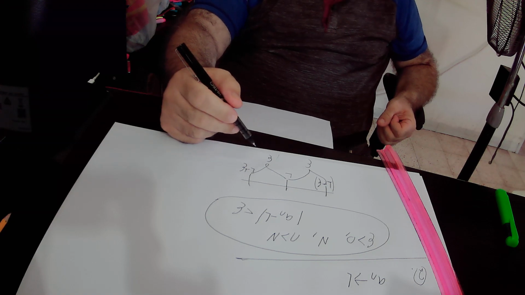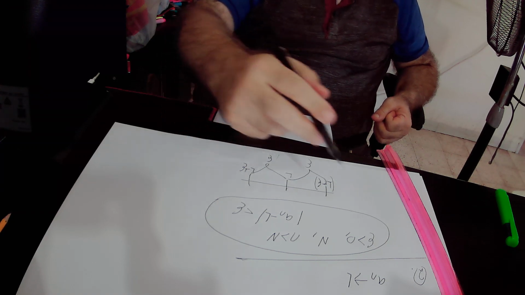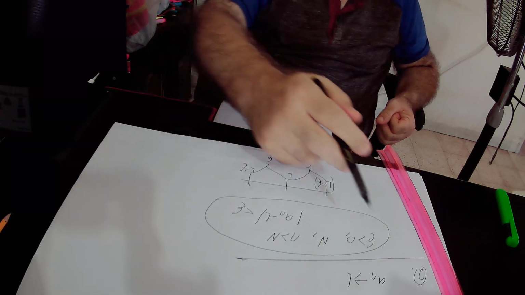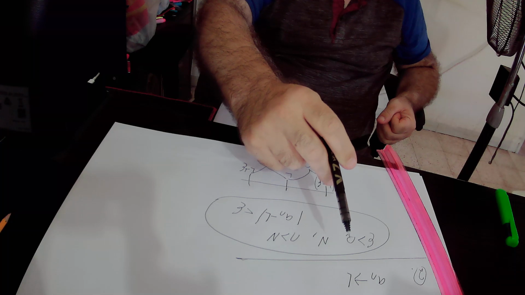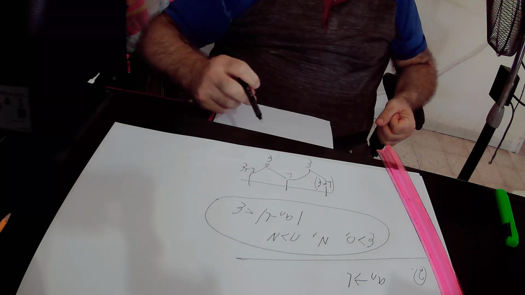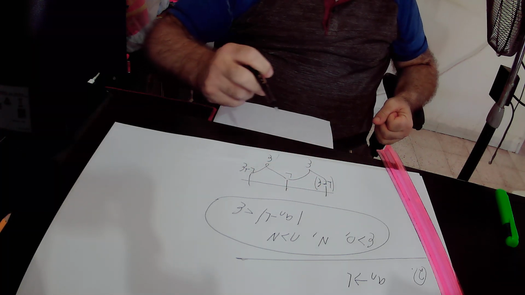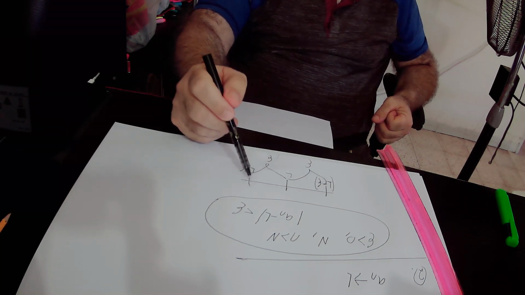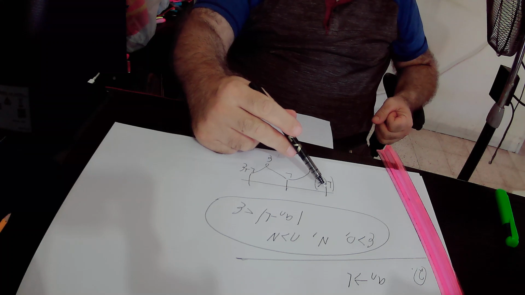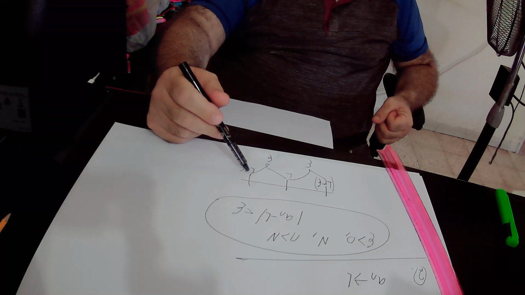So in order that the limit of sequence AN will be equal to L when n tends to infinity, most of the terms of sequence AN must be located inside those two brackets, from L minus epsilon until L plus epsilon.